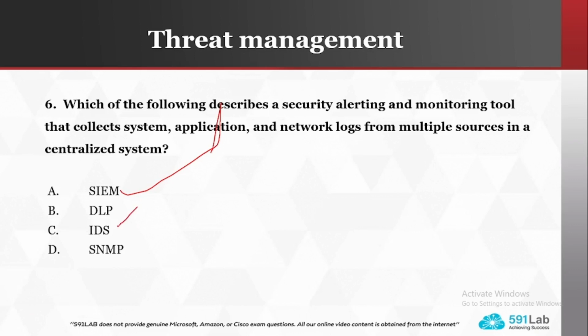C could not be the answer, while IDS is an intrusion detection system that monitors the network for malicious activity and intrusion attempts. D could not be. SNM manages and analyzes network security devices and configuration. So A is the correct answer.